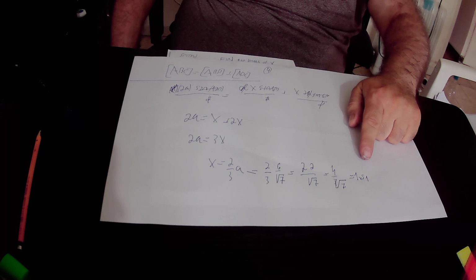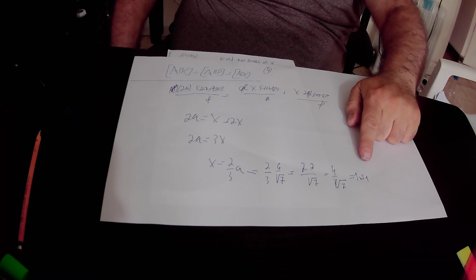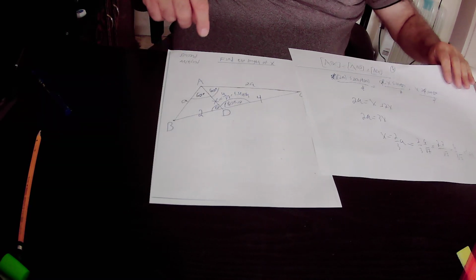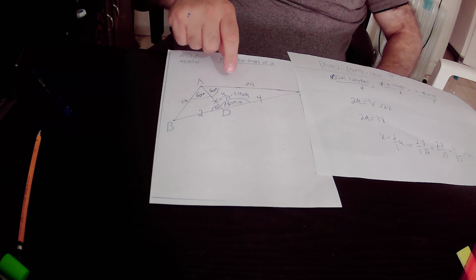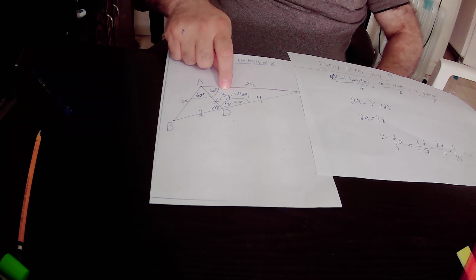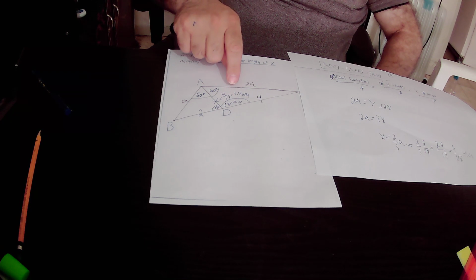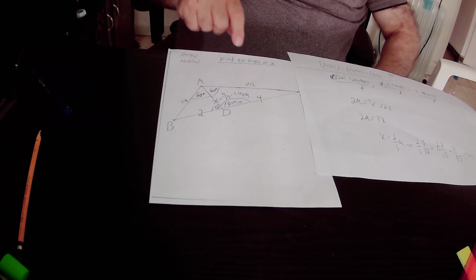So in terms of numbers, it is equal to 1.51 units. Again, the length of side AD equals 4 over square root of 7 units, or 1.51 units.